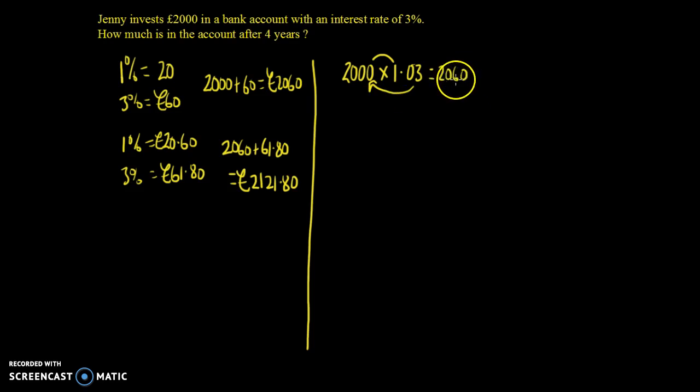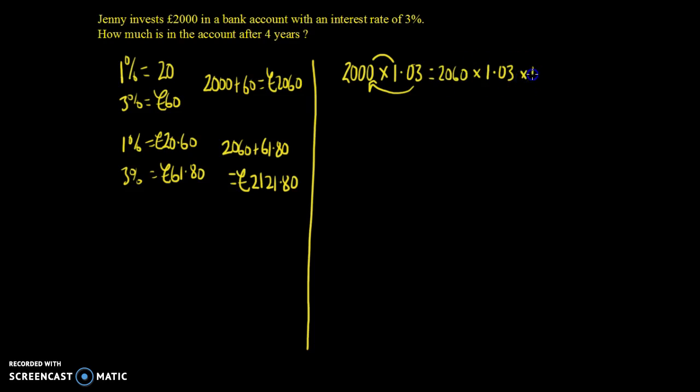And that would give you, and you can check that in a calculator, 2,060. Now, at the end of the second year, we've then got to multiply the amount at the end of the first year, again by 1, because that's going to stay the same, that's going to be in the account, plus an additional 3%. So again by 1.03. So that's going to be the amount at the end of the second year.